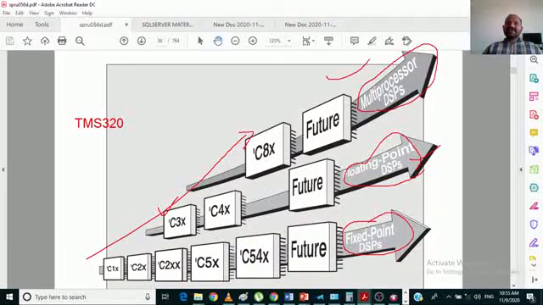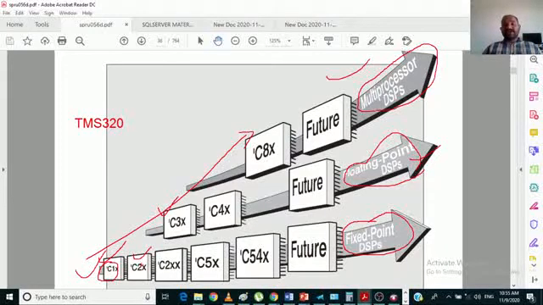When we have different types of series from a particular manufacturer, they go for supporting the instruction set. When we take an advanced processor or a different series, obviously we may have additional instructions. If you take the C1X, whatever programs are executed by the C1X could be executed by the C2X.